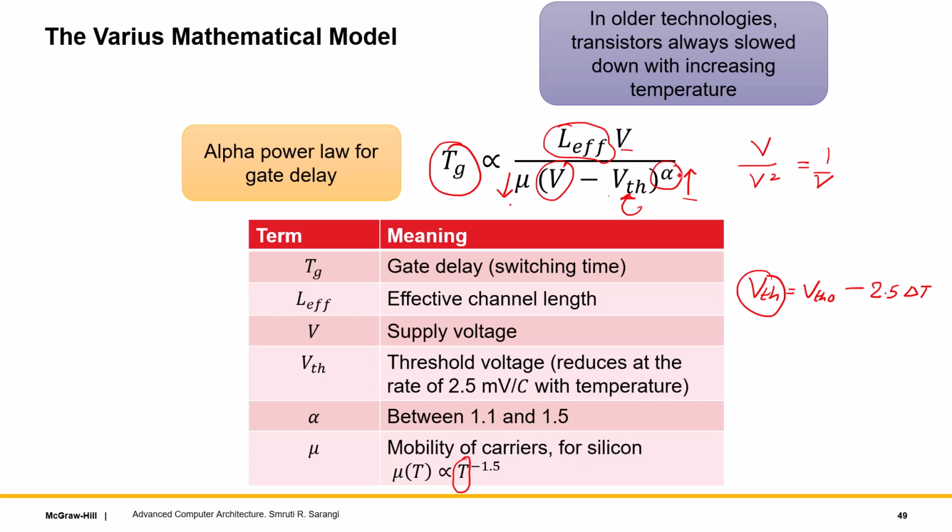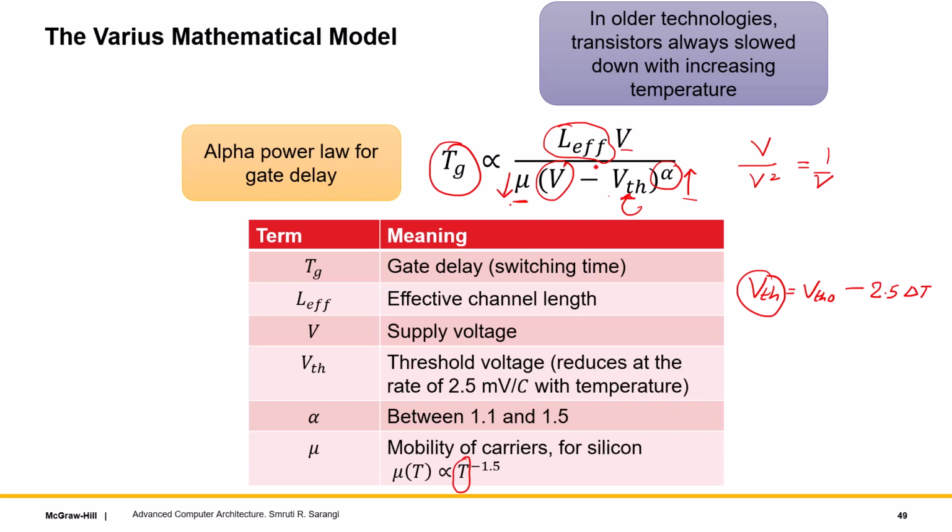You have to see which one dominates, whether they cancel each other out or not. In some cases, as I said, with higher temperature, the circuits can get slower or faster. It all depends on the mutual balance of the mobility and (V minus VTH) to the power alpha.